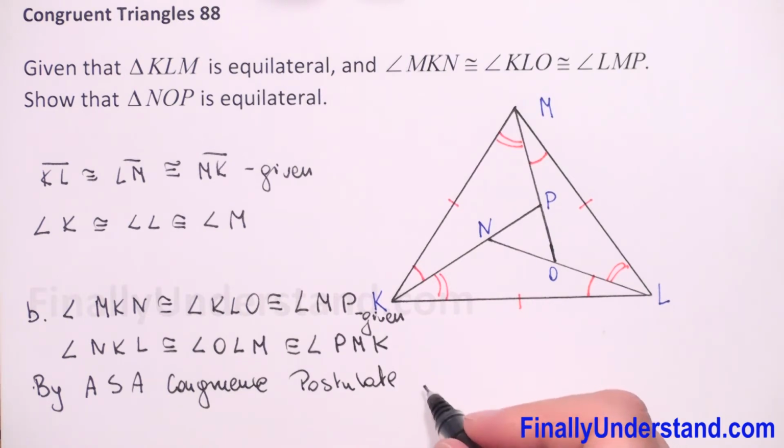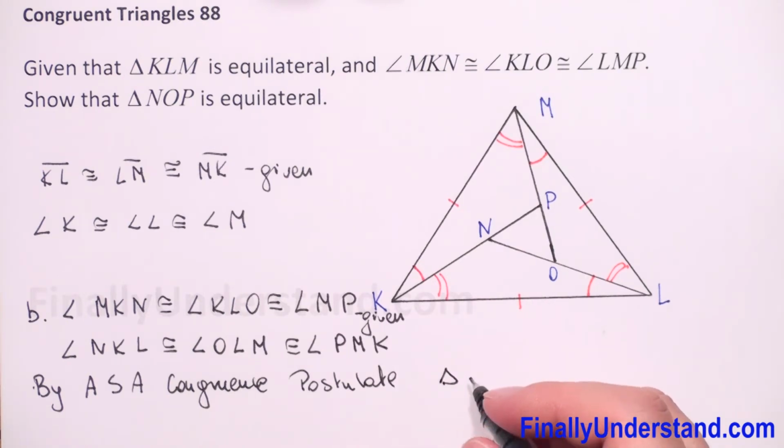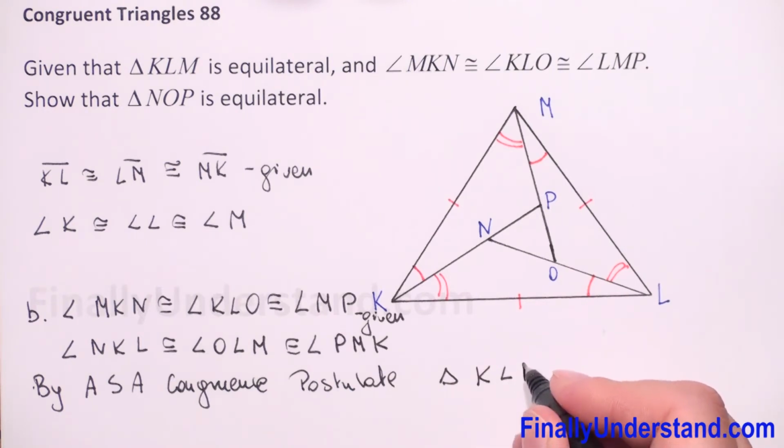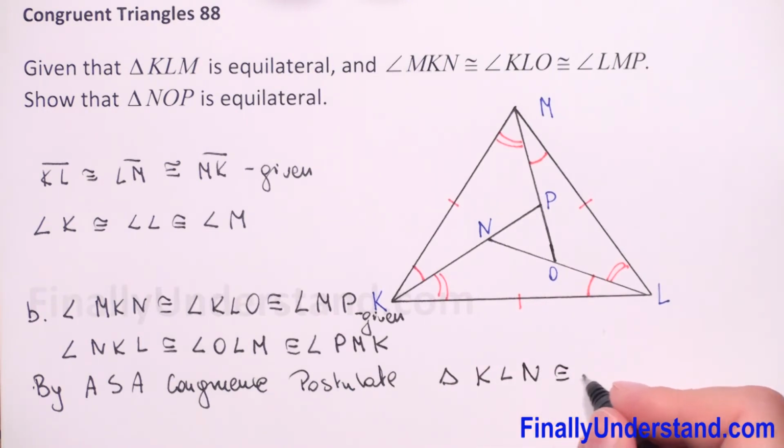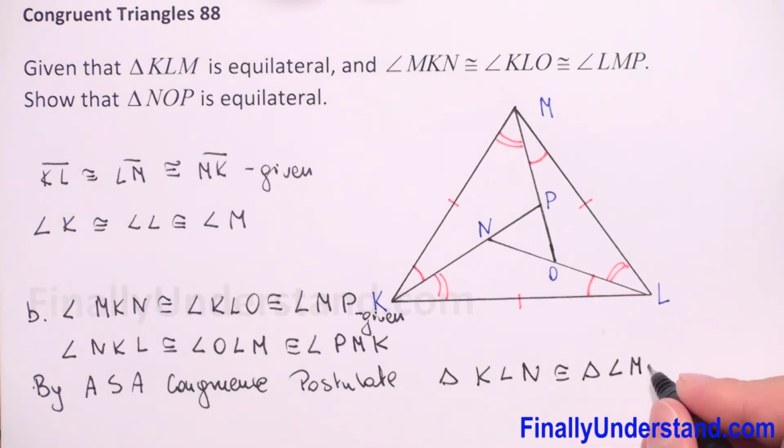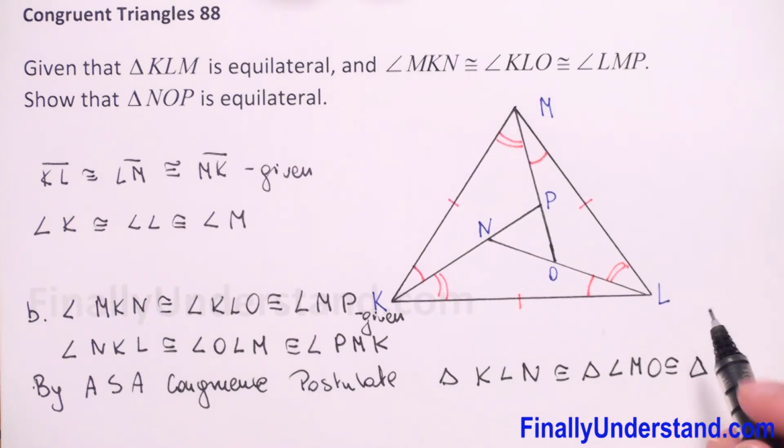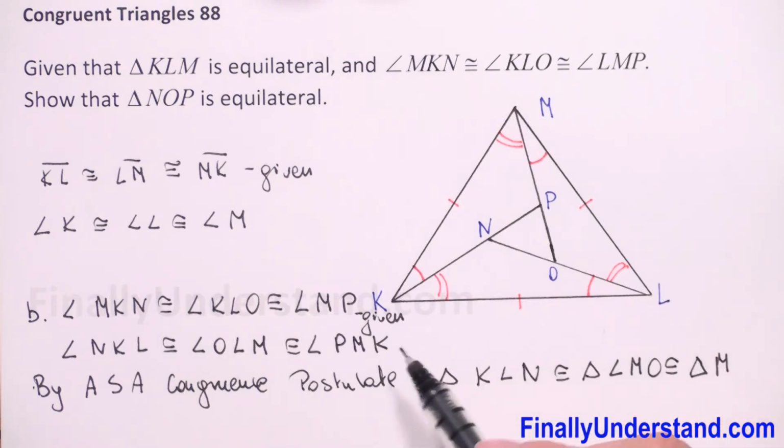we have that triangle KLN is congruent to triangle LMO, which is congruent to triangle MKP.